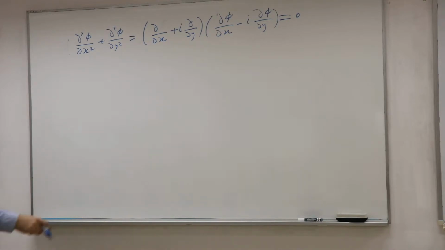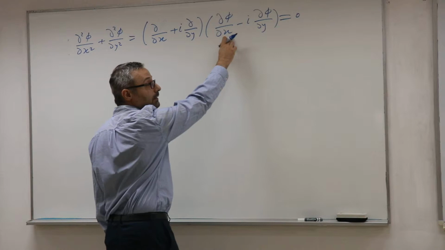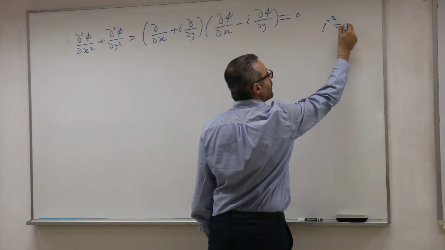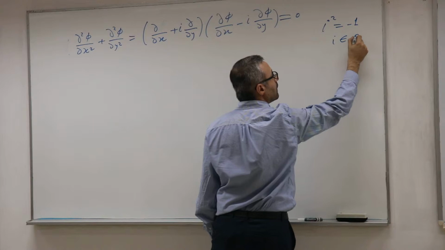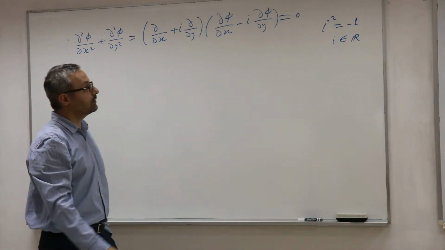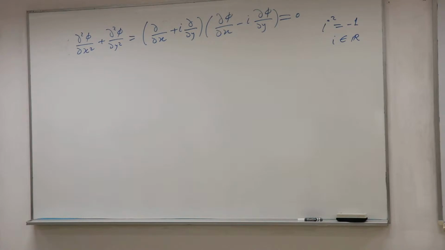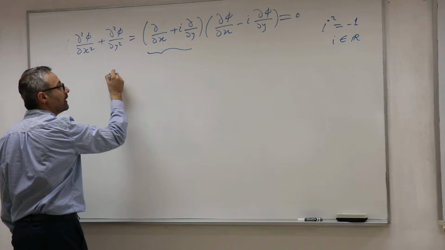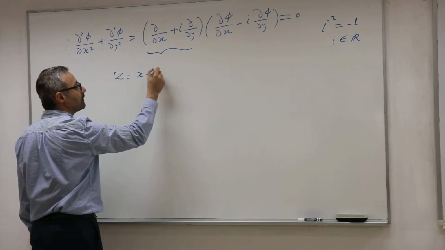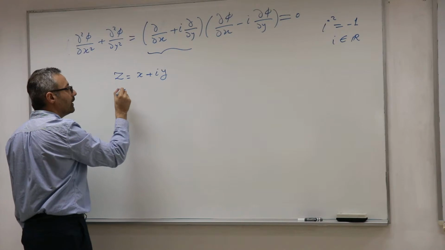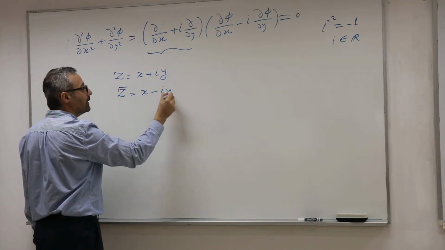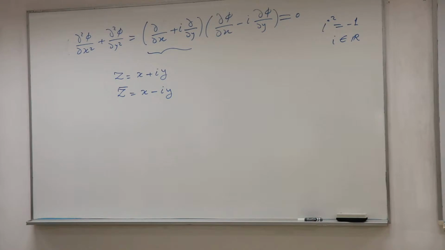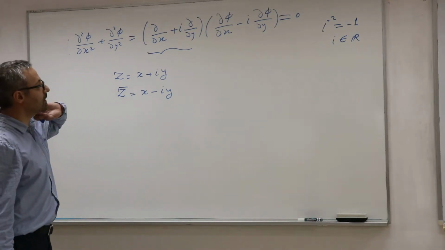Yes, if you multiply this bracket by this bracket, and think of i as the complex unit, you can see that this is equivalent to that. If I define a new coordinate, I call it z, and another coordinate, the complex conjugate of z, immediately I will show you that this equation will be reduced to a simpler case.